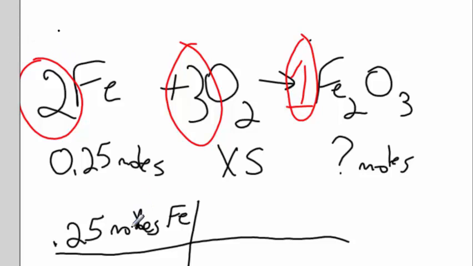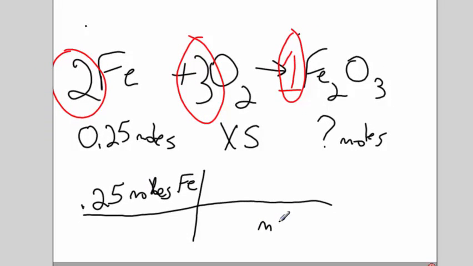So dimensional analysis tells me moles of iron is up there, so I want moles of iron down here. And this number right here tells me it's 2 moles of iron. There's 2 moles of iron for every 3 moles of oxygen. There's also 2 moles of iron for every 1 mole of iron oxide. Which of those ratios do I want here?